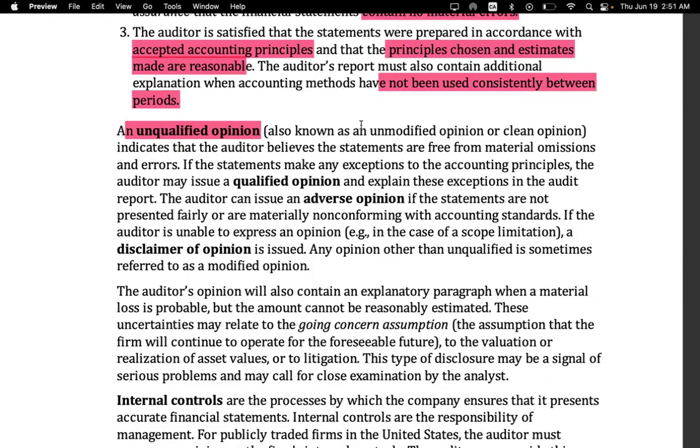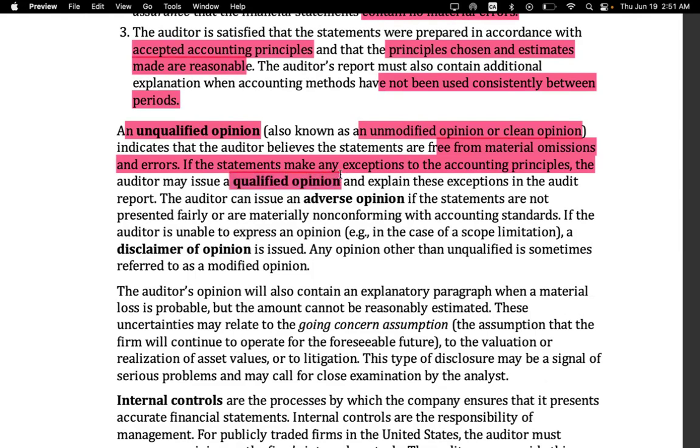It is also known as unmodified opinion or clean opinion. Auditor believes statements are free from material omissions and errors. Okay, but if the statements have any exceptions, like if everything is fine, but there are some problems, exceptions to the accounting principles, the auditor may show a qualified opinion and explain these exceptions in the audit report.